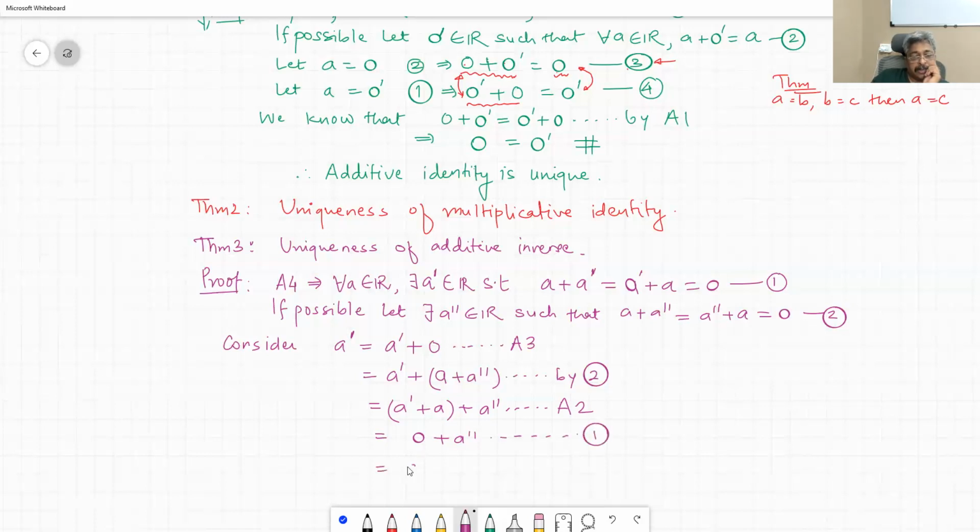This is equal to A double dash by A3. Correct? Contradiction.